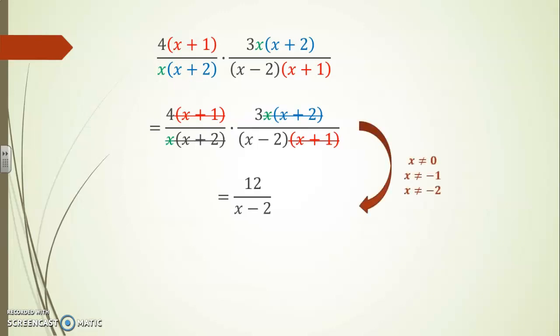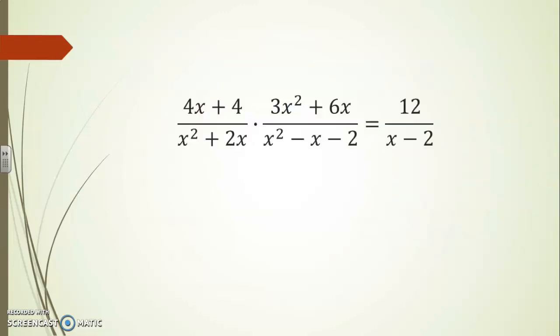Very important to note that when we did these cancellations, the fact that x could not be 0, could not be minus 1, and could not be minus 2 are worth noting. Because remember that in the previous step, we had 0 dividers for these 3 values. As for x equals 2, it's still a prohibited value because 12 over x minus 2 is undefined, but at the very least it is still there for us to detect.